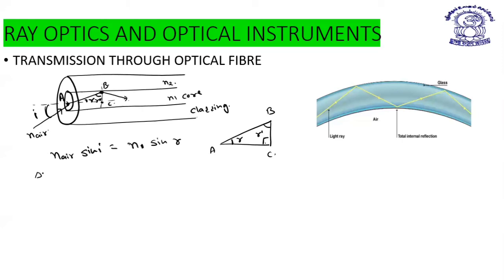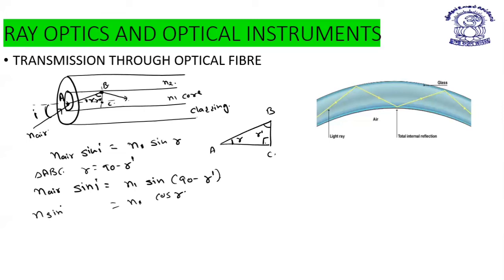So in triangle ABC, we can write R is equal to 90 minus R dash. So refractive index of air into sine I is equal to N1 sine of 90 minus R dash. Sine of 90 minus R dash is cos R. So that will be N1 cos R.